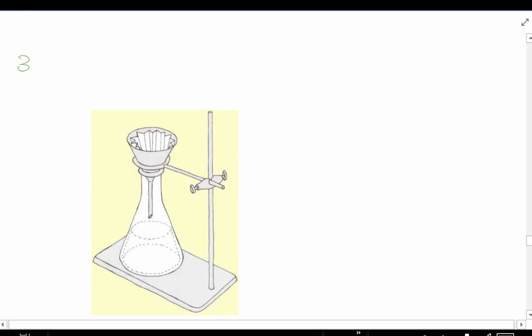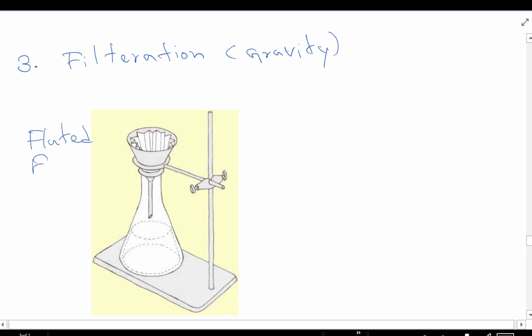Now the use of gravity filtration. The filtration is used to separate the drying agent, sodium sulfate mostly, or any other solid particles. What do we use? We use a fluted filter paper.